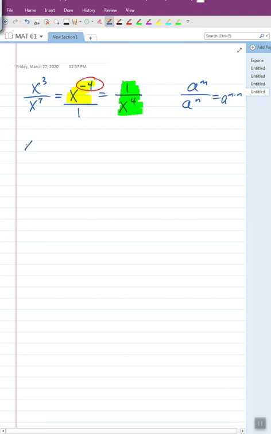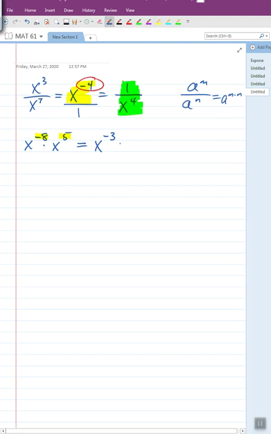Similarly, if I had, let's say, x to the negative 8 times x to the 5, what would that be if you just multiplied those together? Yep, Kara says x to the negative 3, because we know that when you multiply two things with the same base, you add the powers.